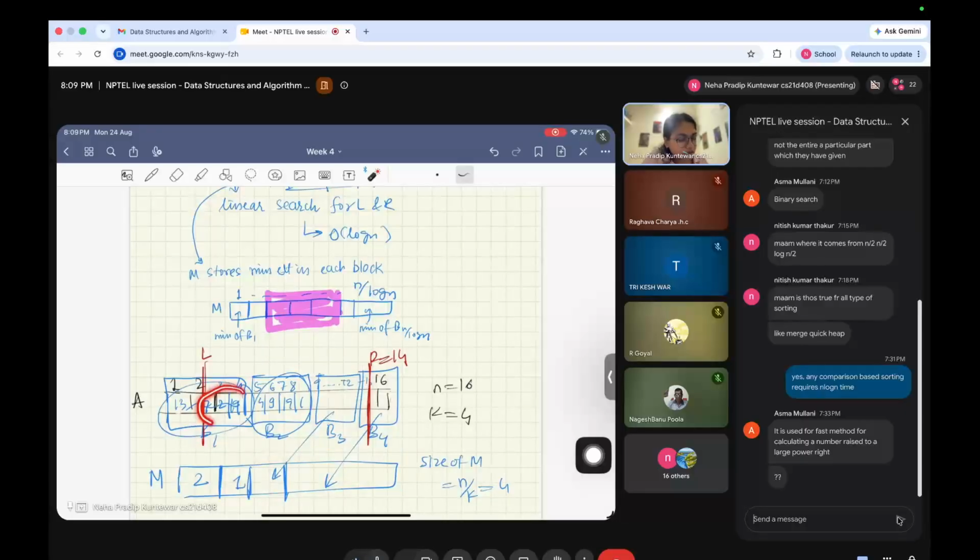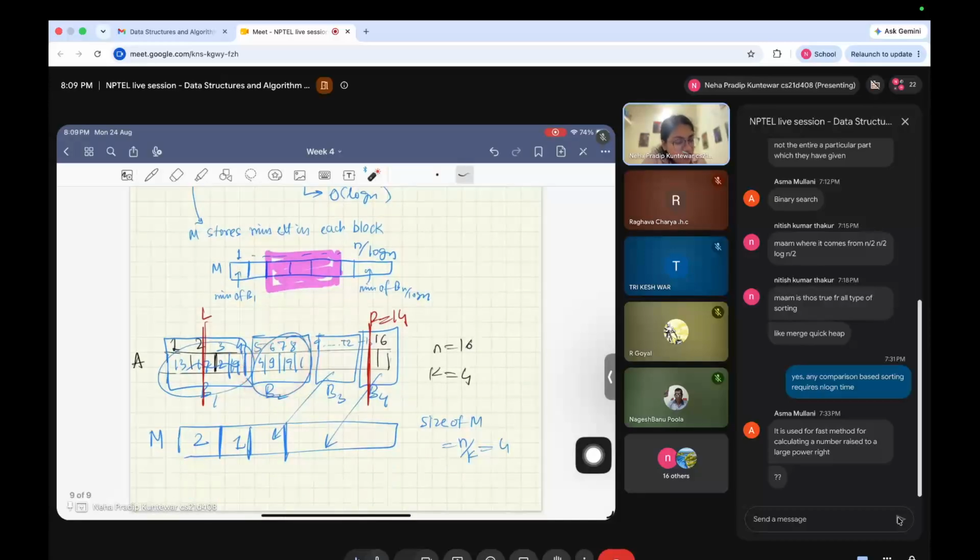Let me find the minimum within this block before R, and find the minimum of b2 and b3. The minimum of b2 is already stored here. That was 1, so I don't need to go and find it. I will just look up this value, and similarly the minimum of b3 is stored here.